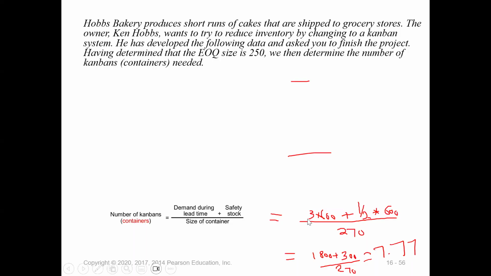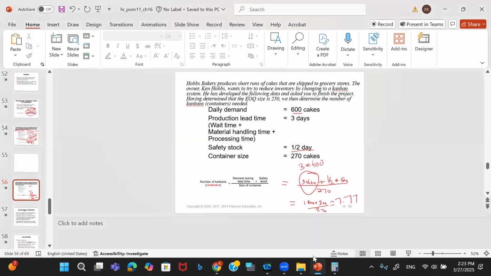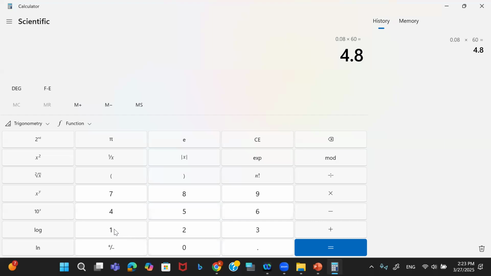So we need to calculate the number of Kanbans again. We take the lead time, 3 times 600, plus the safety stock, half a day times 600, divided by 270.